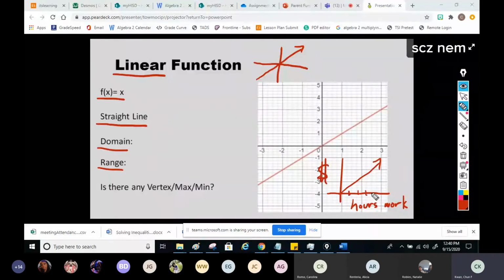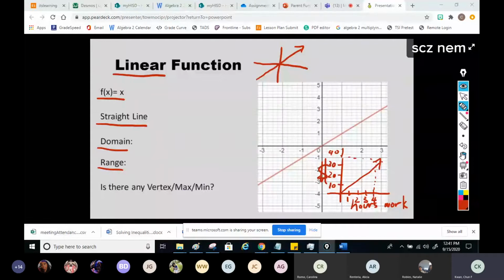If you make $10 an hour, and you want to know after 4 hours how much money you'll be getting, you can go ahead and use the graph and make a prediction like this. Okay, so this is a linear function. It's very straightforward. It's one straight line. You can use it to make predictions.